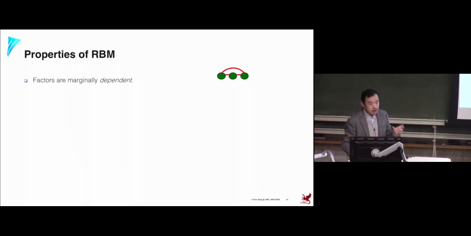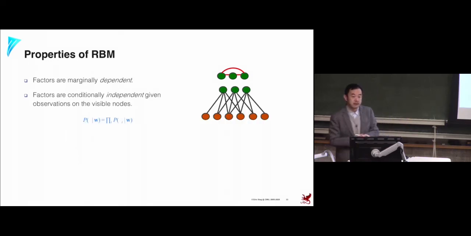But RBM has the nice property, due to our Markov independence structures and so forth, which allows you to establish the following. If this part is present, you can prove that given the observed, the orange layer, every pair of green nodes becomes conditionally independent. Okay? So that's a very, very nice property.